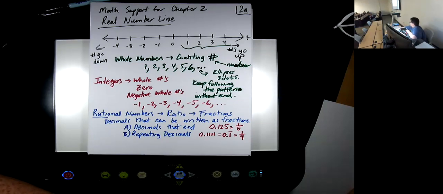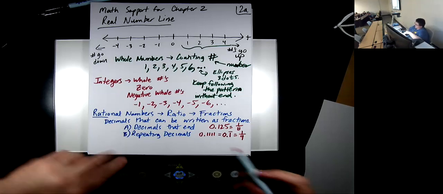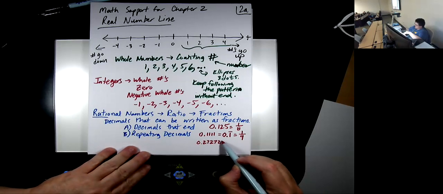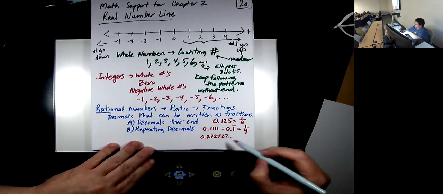Some of them, it's hard to do these ones that repeat. You kind of have to know what the fraction is and recognize what it is. But there's crazy ones, like you could have 0.272727, it just keeps going.